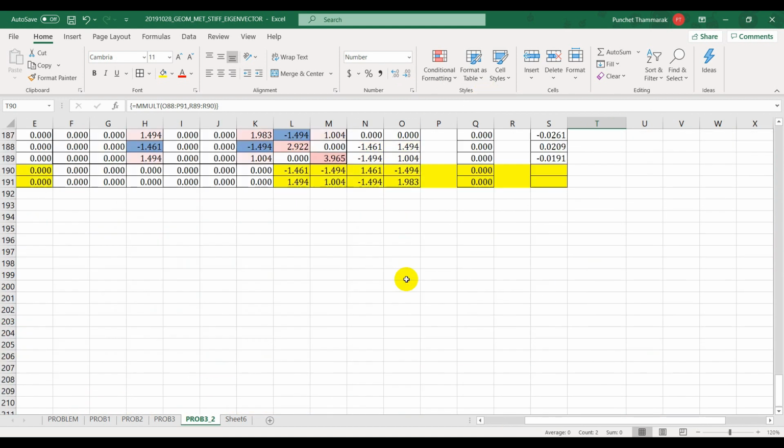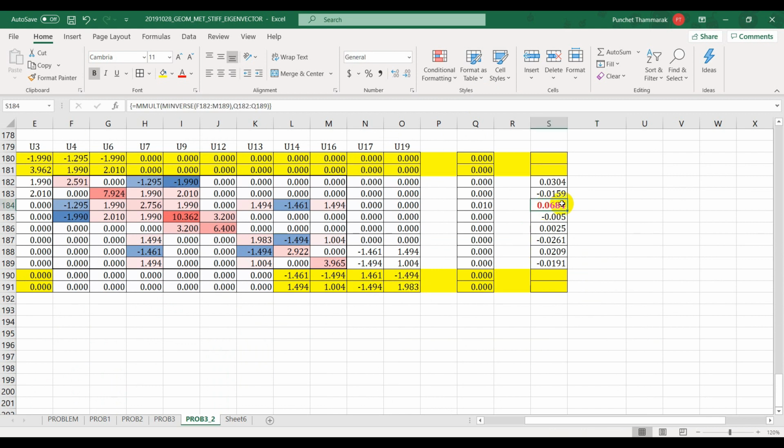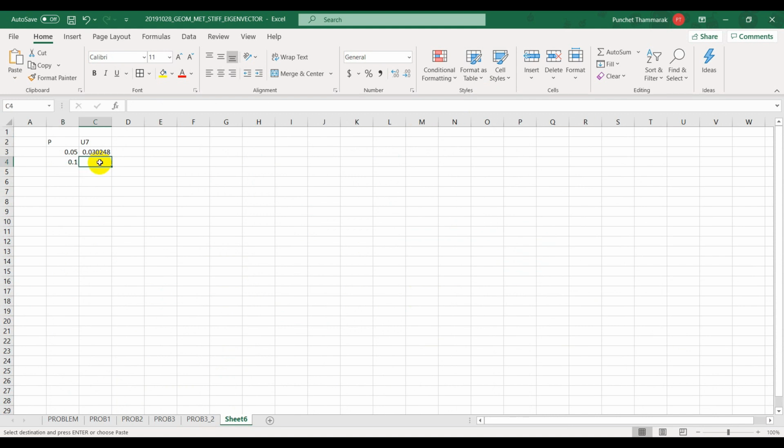If we are happy with this solution, then I copy 0.684 and paste in here. Right? Continue to 0.15.